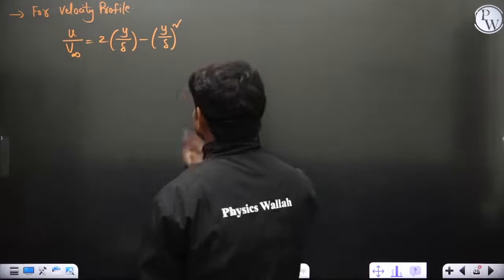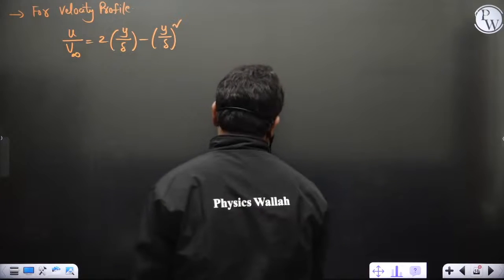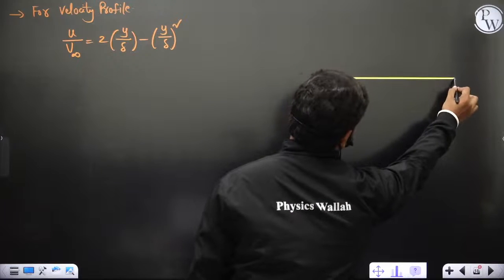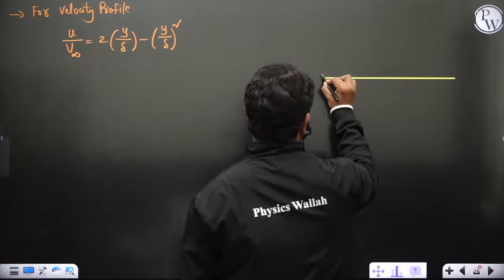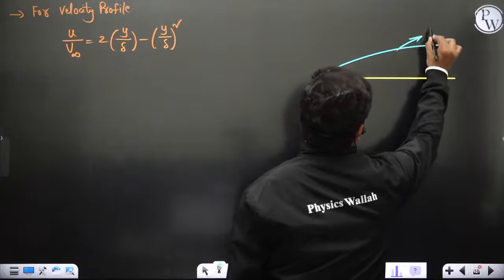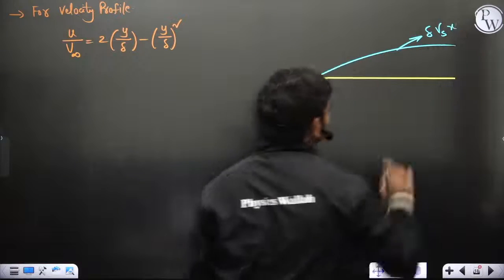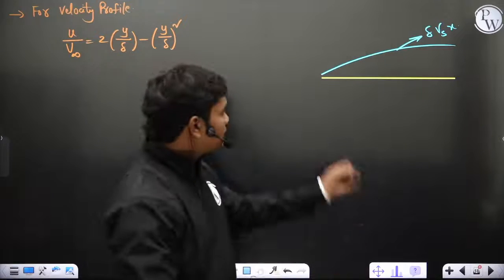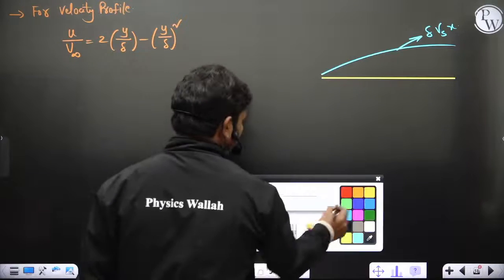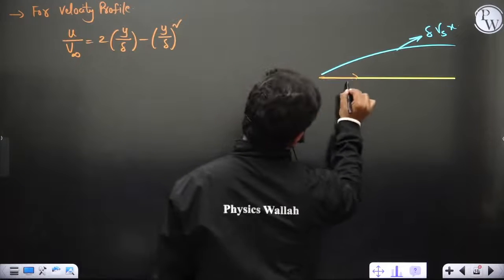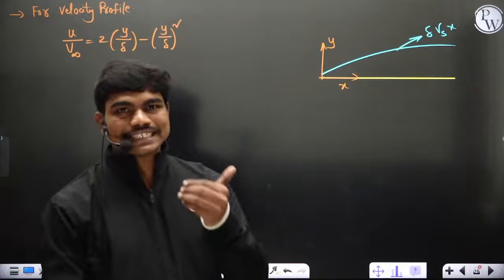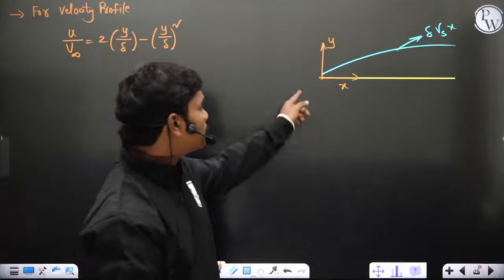For a flat plate, if you do the analysis only for flat plates right now, very loosely we can say that at x equal to 0, if this is x and this is y, delta is also 0 because the flow actually starts there.